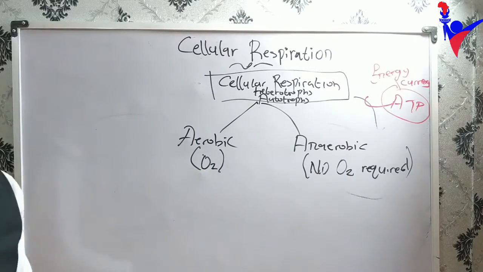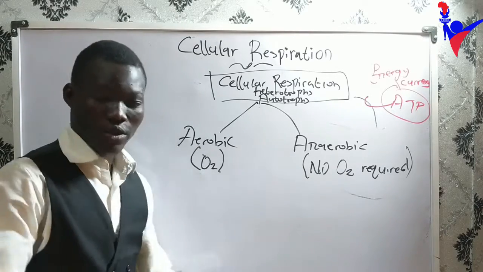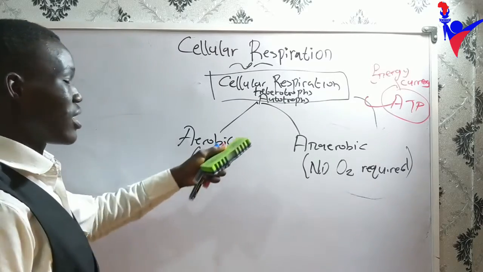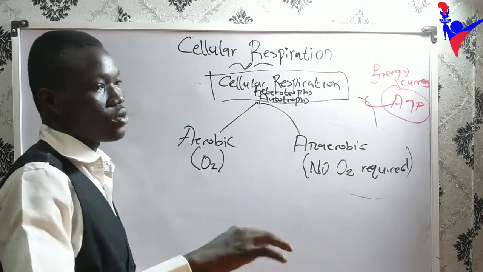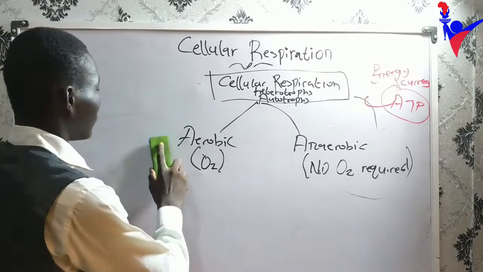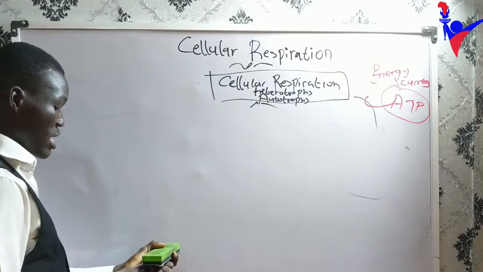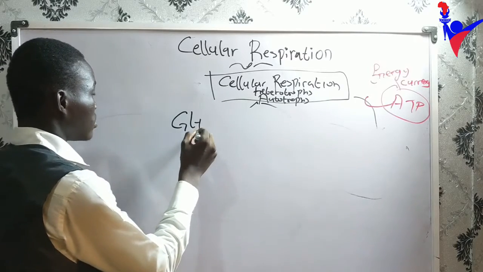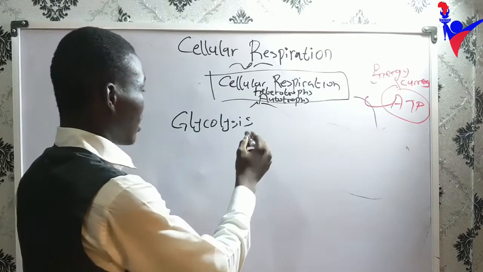Now we are mentioning organic compounds, we are breaking down organic compounds to give us energy. The organic compound we are going to be studying today is glucose, and how the body breaks down that glucose. The breakdown of glucose is called glycolysis.